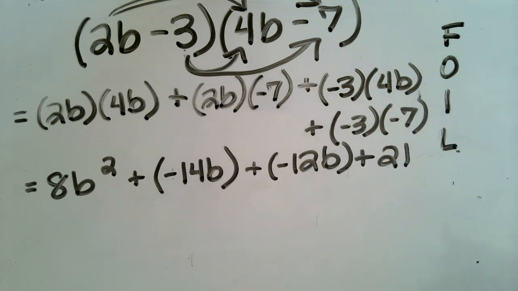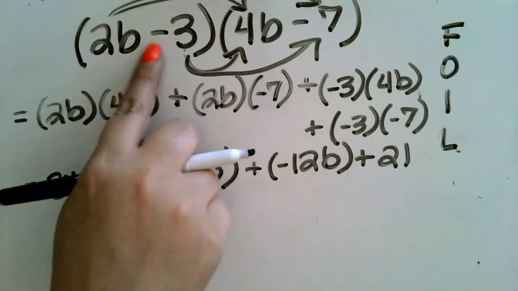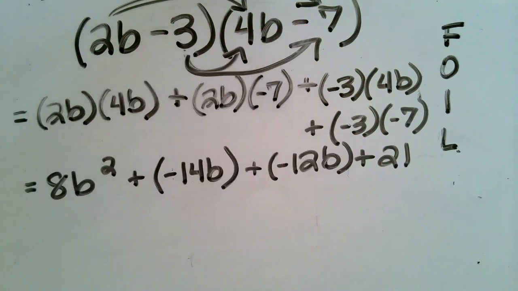As you guys get more familiar and more comfortable with this foiling process, you will start to notice some patterns of our results based on what signs you see inside of those binomial terms. But anyways, we'll keep going.